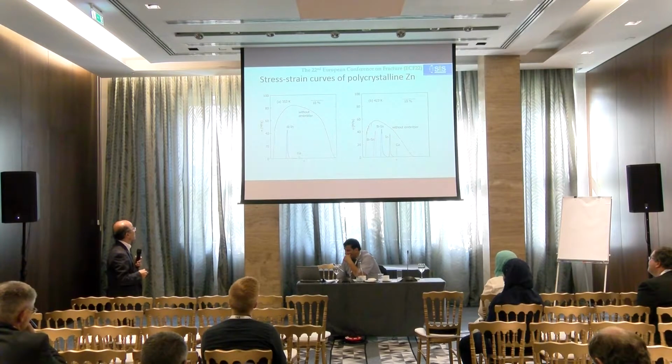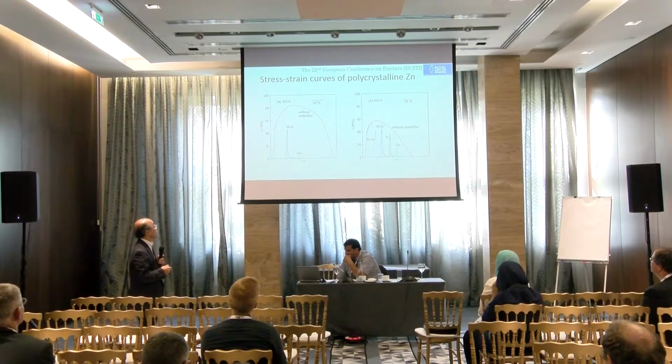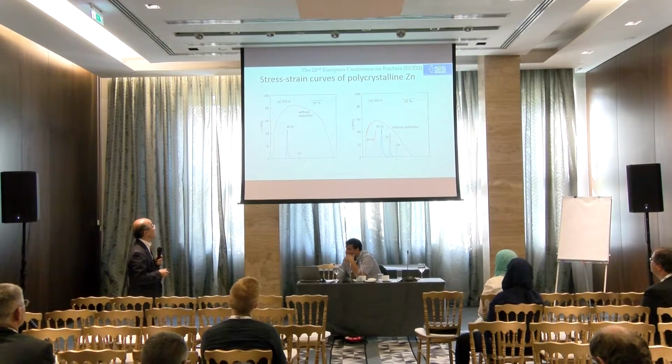Fracture strain decreases drastically, and the maximum stress decreases, in this case about half, in this case about 1/10. At a higher temperature, for example 423 degrees, the stress strain curve of zinc without embrittler is like this, while zinc with a small drop of liquid metals becomes like this. In all cases, embrittlement occurs.